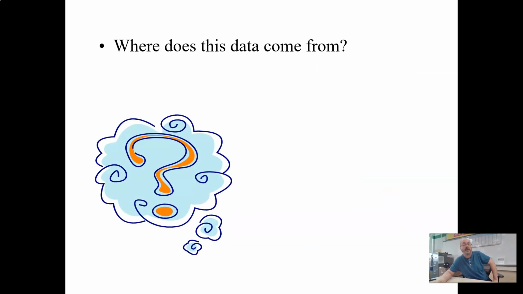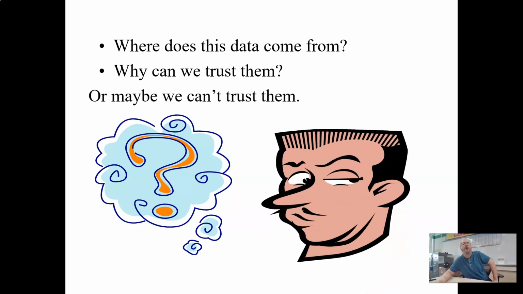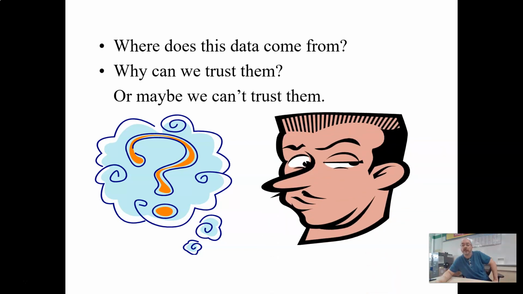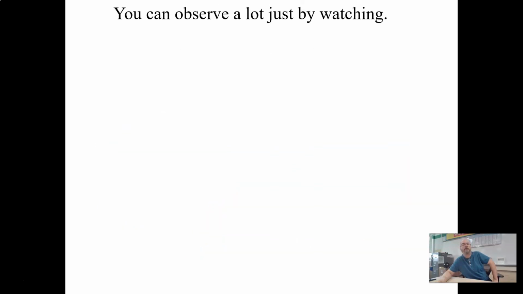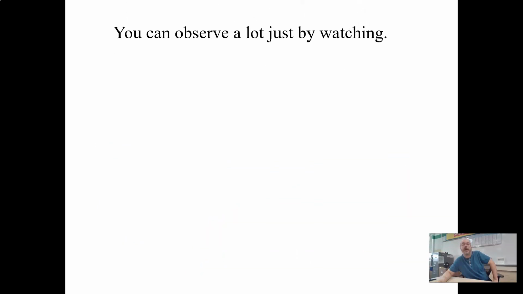Where does this data come from? Why can we trust them? Or maybe we can't trust them. You can observe a lot of data just by watching.